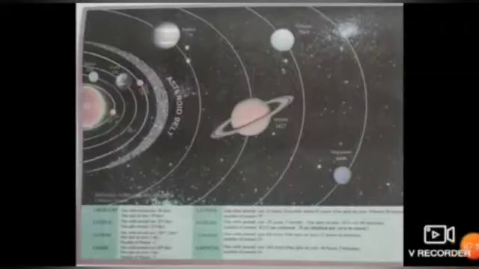Saturn. Saturn is 1427 million kilometers away from the Sun. It takes 29 years, 5 months to complete one revolution and 10 hours 40 minutes to complete one rotation.